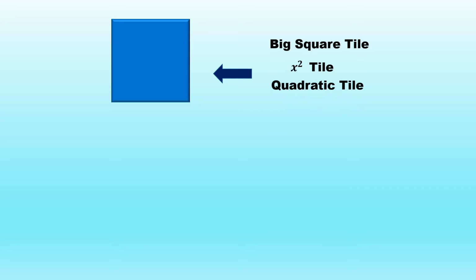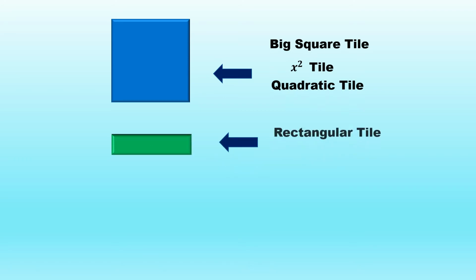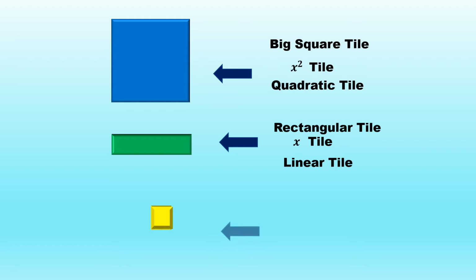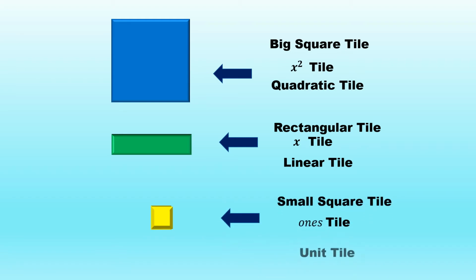The big square tile is the x squared tile, or quadratic tile. The rectangular tile is the x tile, or the linear tile. The small square tile is the ones tile, or unit tile.